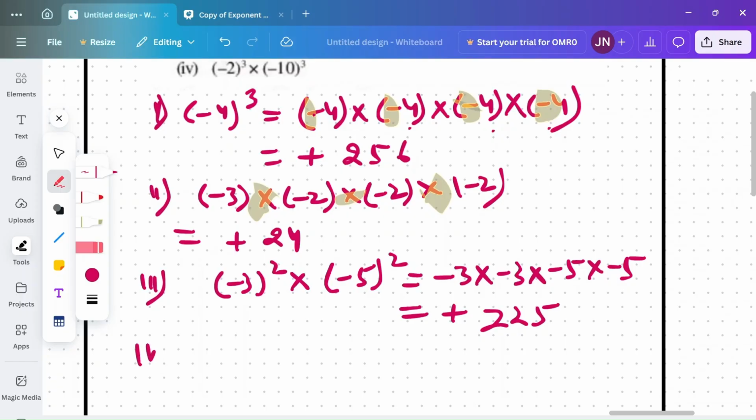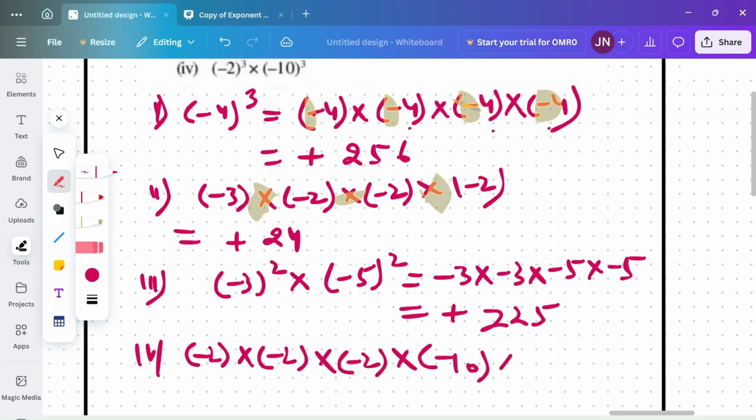Let's confirm our theory. Let's write the expanded form. Negative 2, negative 2, negative 2, then negative 10, negative 10, negative 10. So you see, you count them, it is 6 times. 6 times is even, so the sign would be positive.